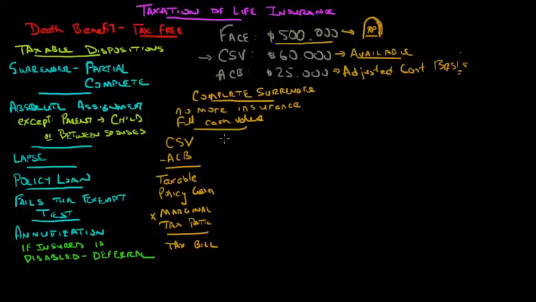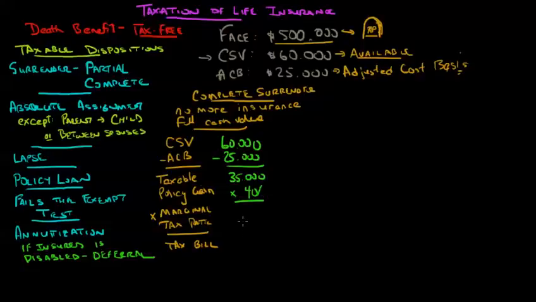So if we have a CSV of $60,000, which we do, and an ACB of $25,000, which we do, and we take the whole policy, we say I want the whole thing now, we would have a $35,000 taxable policy gain. We would apply then your marginal tax rate, and the marginal tax rate, let's say just for the sake of argument, is 40%.